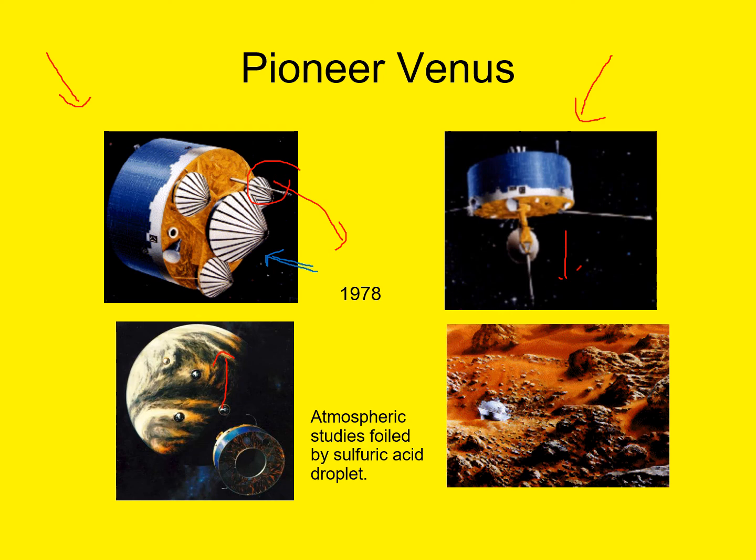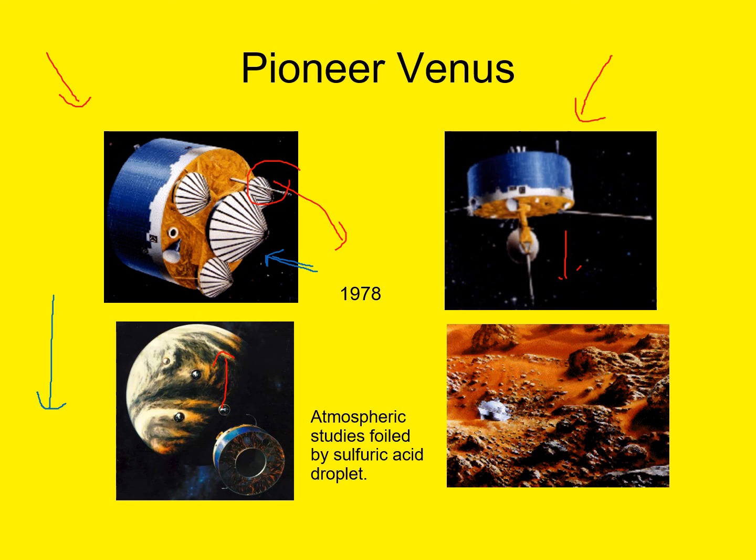Now what actually happened was, as it fell through the atmosphere, that probe eventually encountered the clouds. And the mass spectrometer had this tiny little narrow tube that was letting gases into the device, and that tube got plugged by a sulfuric acid droplet. And so for the rest of the way down to the surface, rather than measuring the atmosphere, it measured that one sulfuric acid droplet.